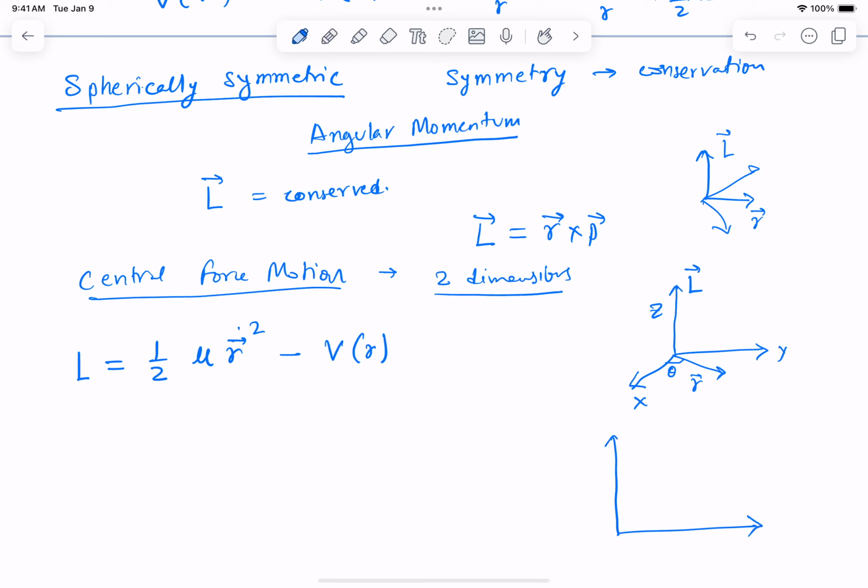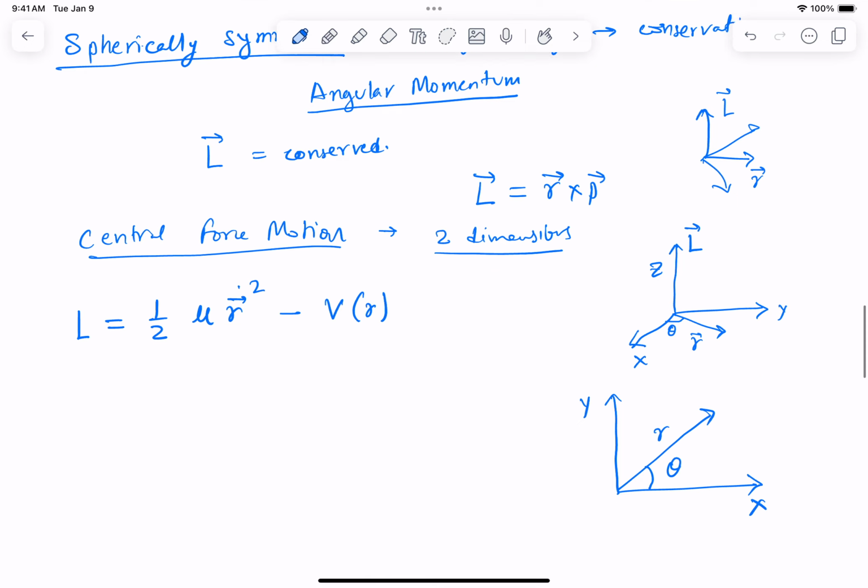So now if you look at this three-dimensional space from looking downward from the z direction, you will only have x and y, because we don't actually need to worry about the z direction, because that is always fixed. So we only care about the radius vector, which has a magnitude r and this angle theta.